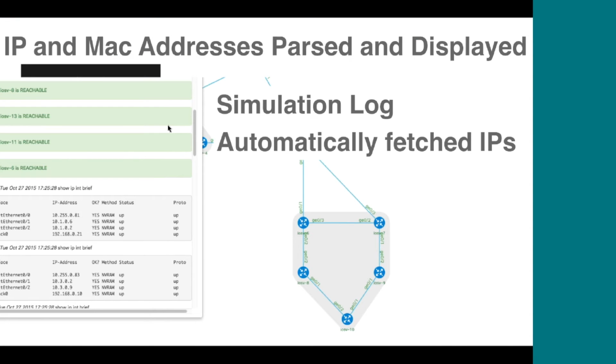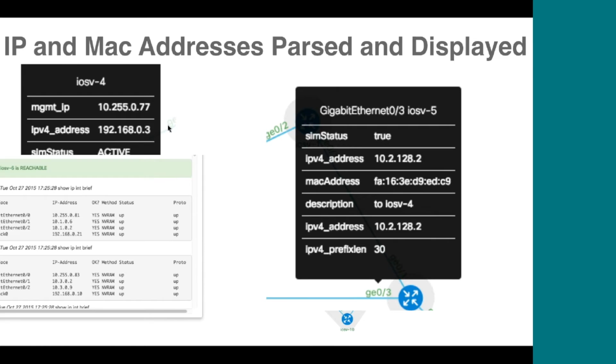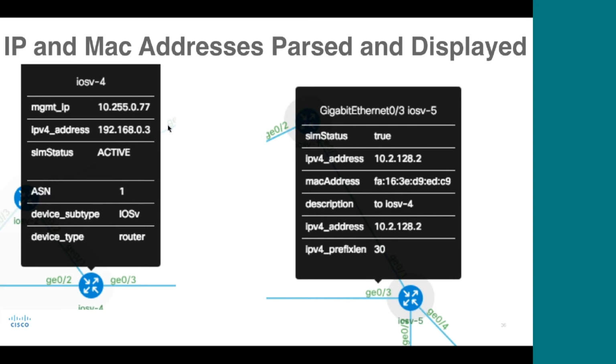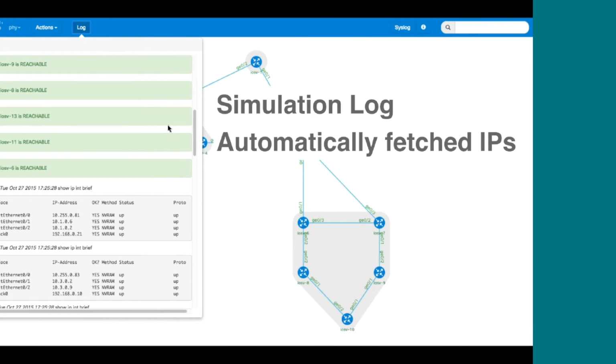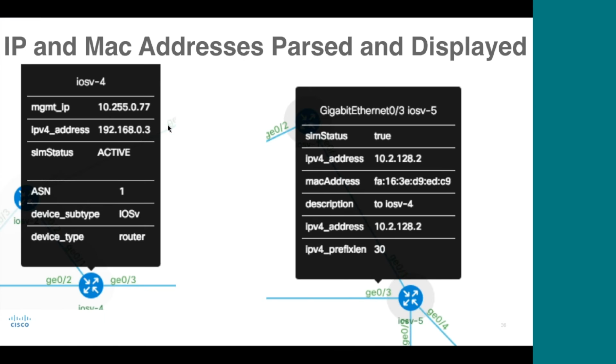What that allows us to do is to process the IP addresses out of that response, and we can display them here. We can see here the IP address, the third entry down for the node and the second entry for the interface; the IP address there is what we've got from this previous piece where it shows us the IP address table. We've now parsed that out, and we can use that in things like when we run traceroute and get the IP addresses back, we know which IP has come from where.